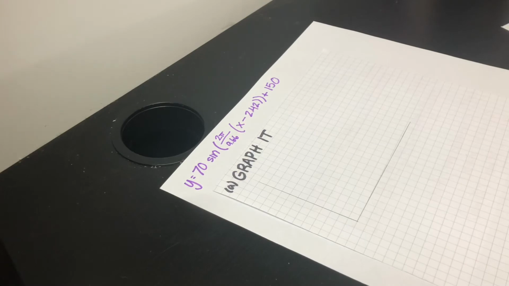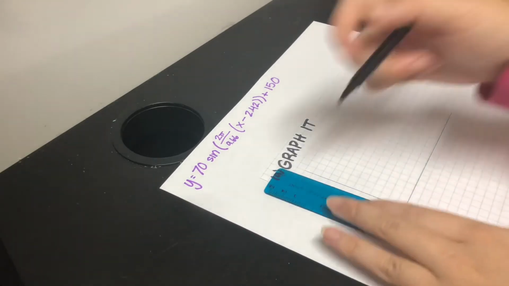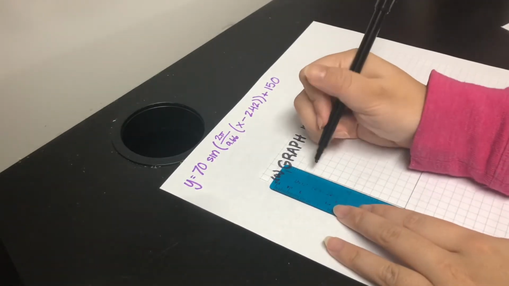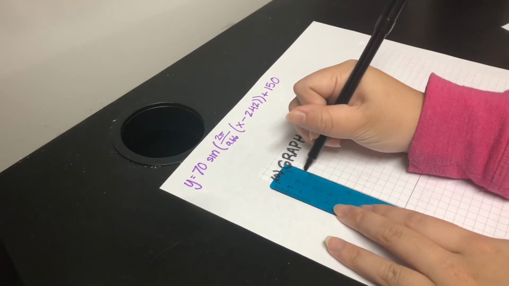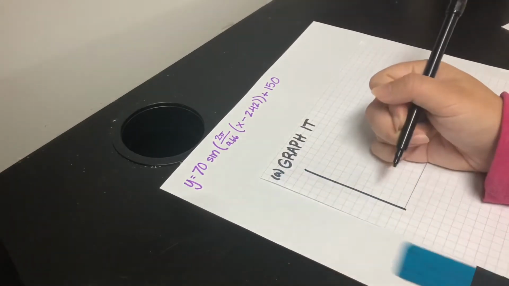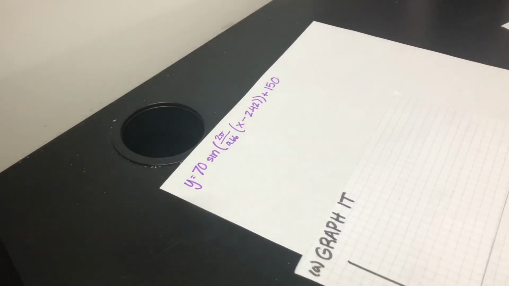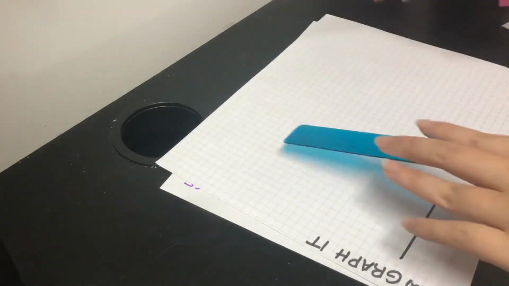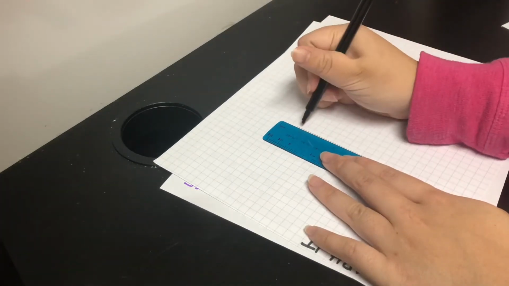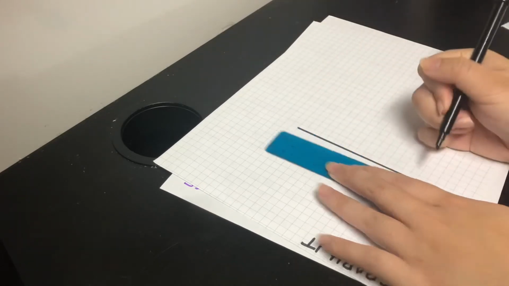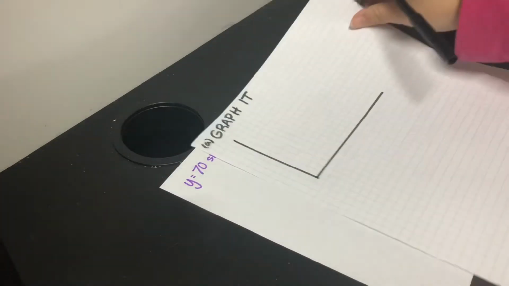So next we graph it using a straight edge, and then also using the maximum and minimum in order to find the points we can use for the y-axis. So I already counted this ahead of time, so we just outline this in black. Okay.